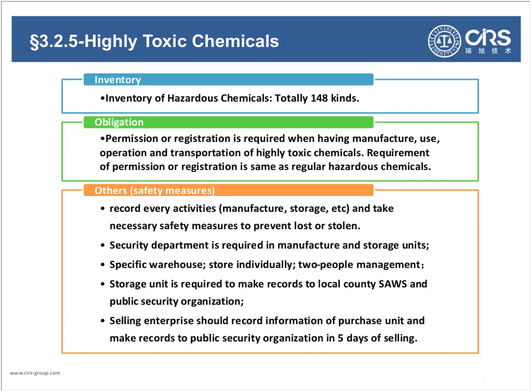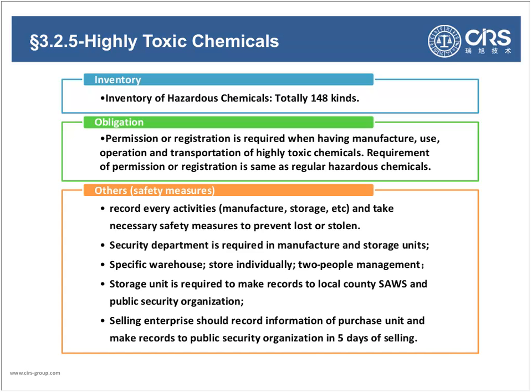Okay, on the last part of this point, we'd like to introduce some points and measures if you would like to import or export hazardous chemicals into China. Firstly, you need to check whether this chemical is listed in the inventory of hazardous chemicals.